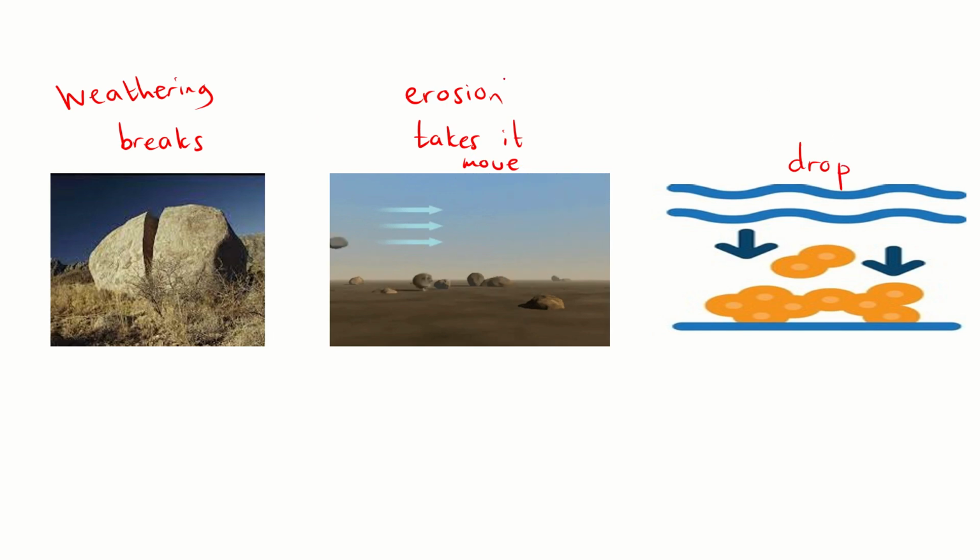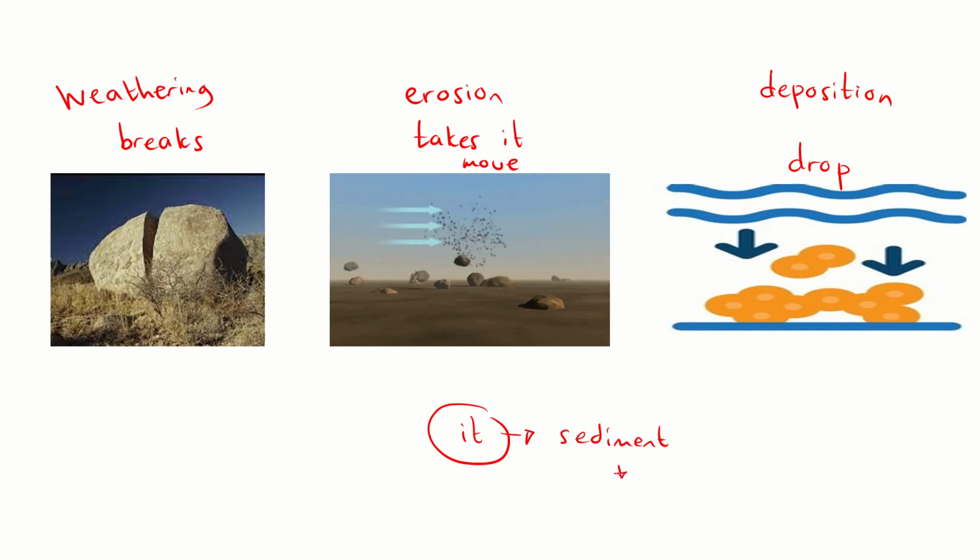So weathering breaks it, erosion takes it, and deposition drops it. The it we are talking about is sediment, a small piece of rock. Weathering breaks it, erosion takes it, deposition drops it.